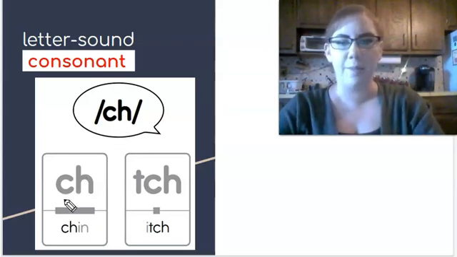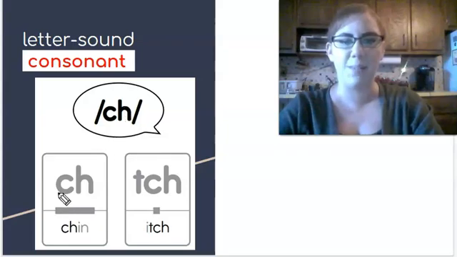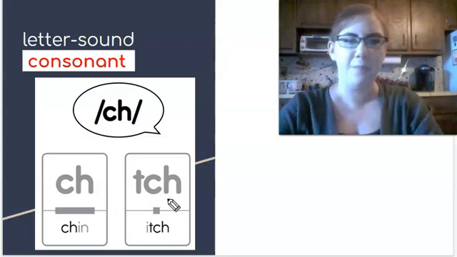Ch can be spelled with a CH, as in chin. Let's look at the power bar. It's pretty big. That means it's pretty common for ch to be spelled with a CH. There is another spelling for CH, and we'll learn about that later on.